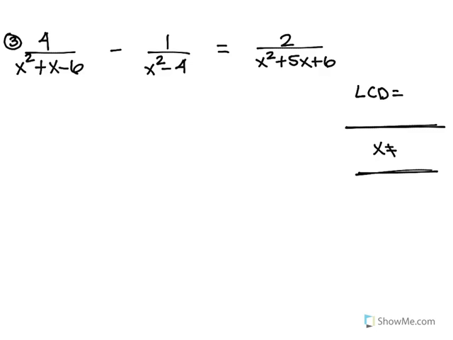Now this time, each one of your denominators is squared. Okay, now in the last 2 problems, I didn't give you all squared ones; the factors of one of them were the other 2. This time, all of them are squared. So what does that mean you have to do?